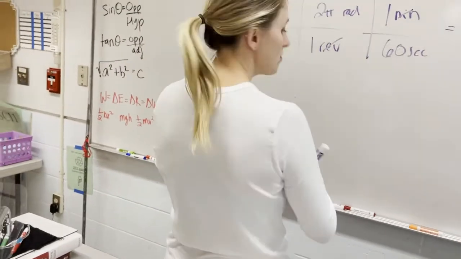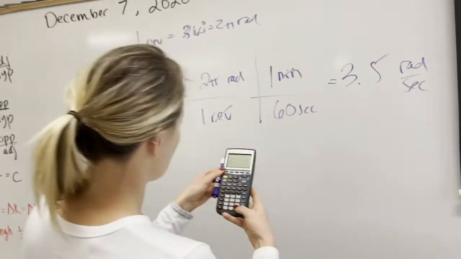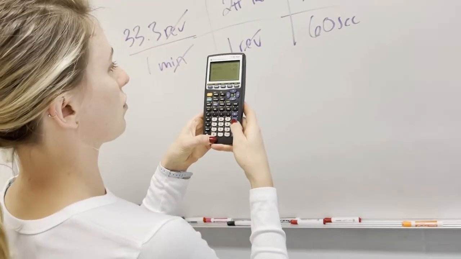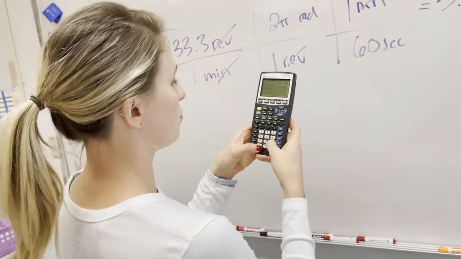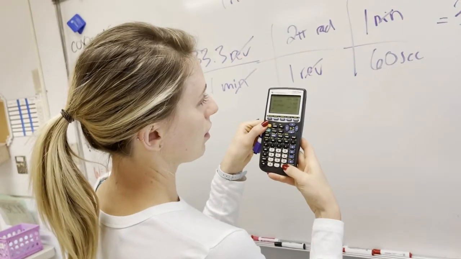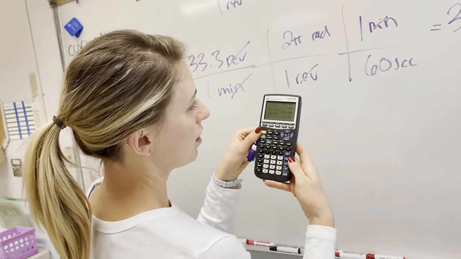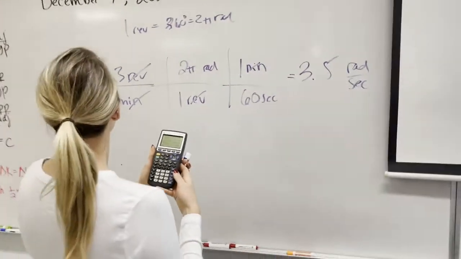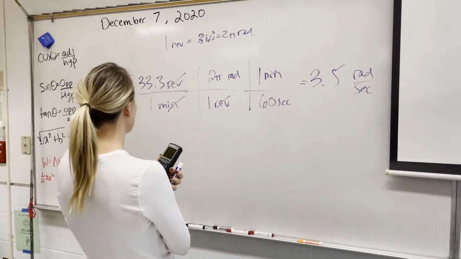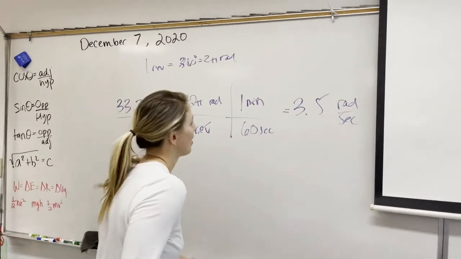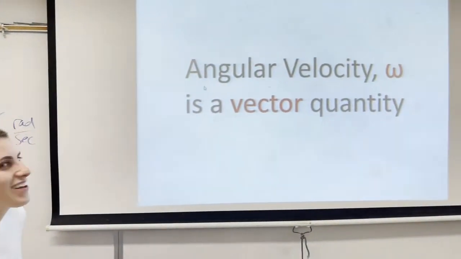Could you check your work on that? Something smells bad. So 33.3, and I multiply it by 2 pi, and I get that, divided by 60. Yeah, I get 3.5. Okay, no, that's right. You did it right. The old man's losing it.